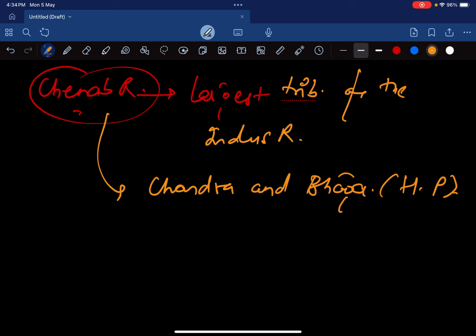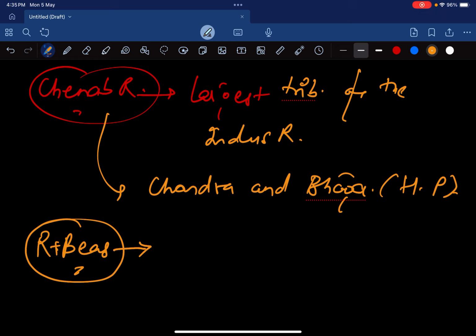Third, if we talk about Ravi plus Byas, they both enter India through the Rohtang Pass. Right? And they both meet at the Harike.